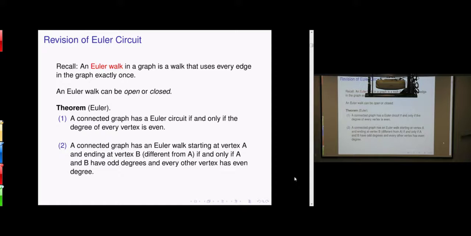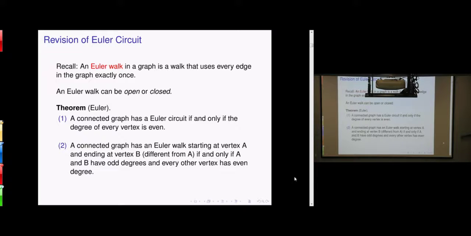The second part says a connected graph has an Euler walk starting at one vertex A and ending at vertex B, where B is different from A, if and only if A and B have odd degrees and every other vertex has even degree.